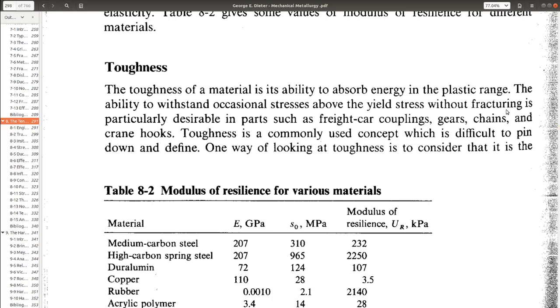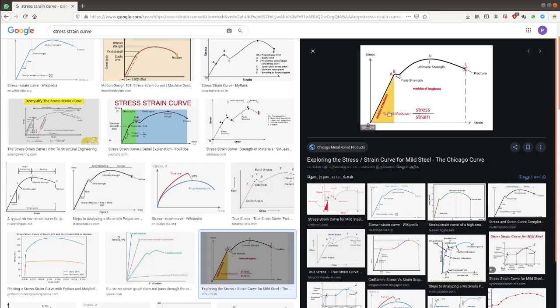So that's what the toughness means, which is nothing but the total area under the curve. The measure of this total area is the modulus of toughness.